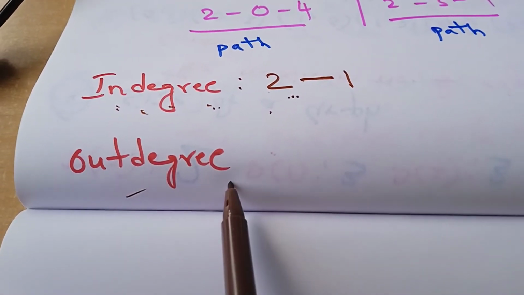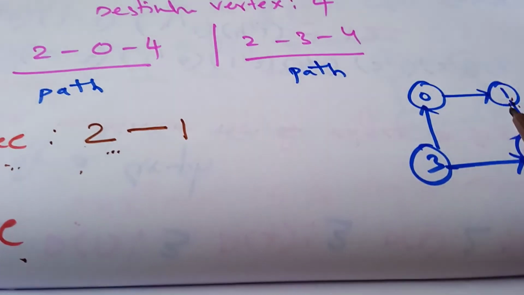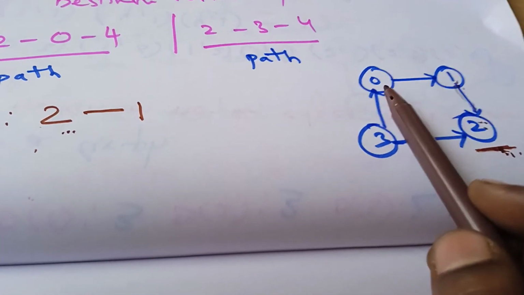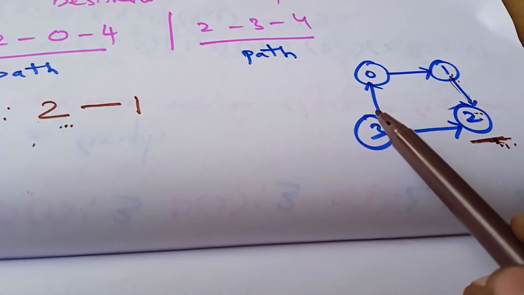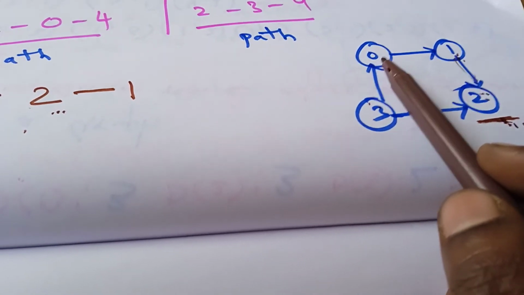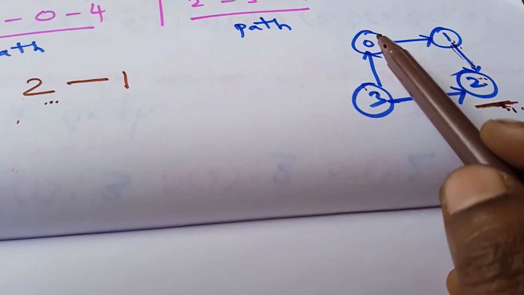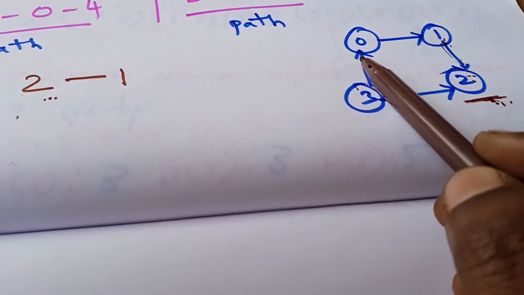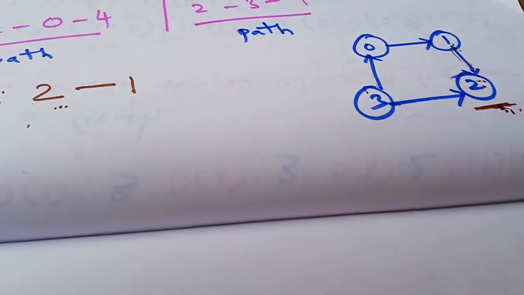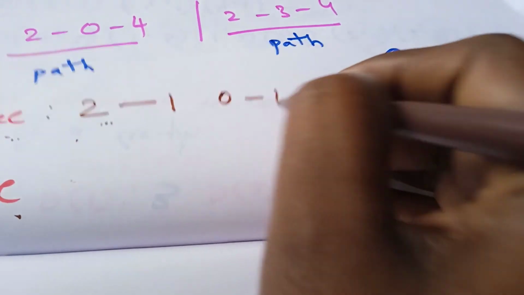Okay? Right. Now, out degree. Let's see all the other vertices for better clarity. Now, what is the in degree of 0? The in degree of 0 is 1, which is from 3. Just now I told you that in degree is how many edges are coming to this node. So only one edge is coming towards 0, so the in degree of 0 is 1.